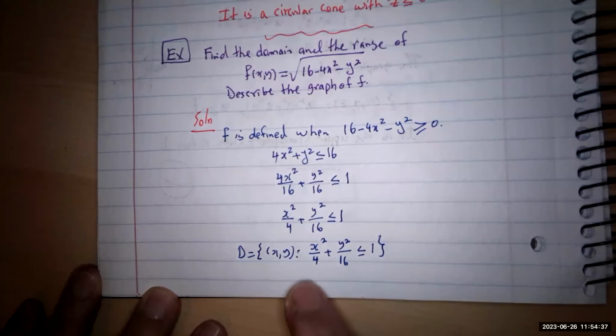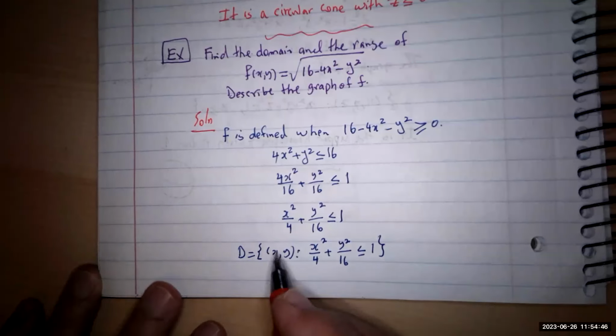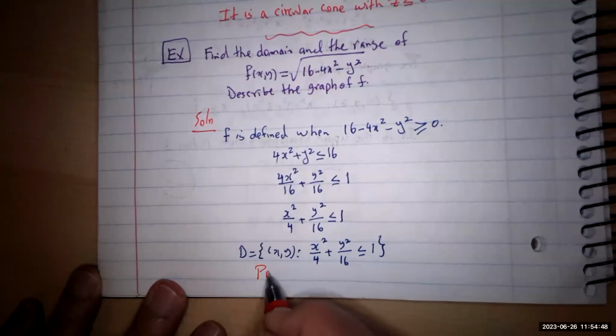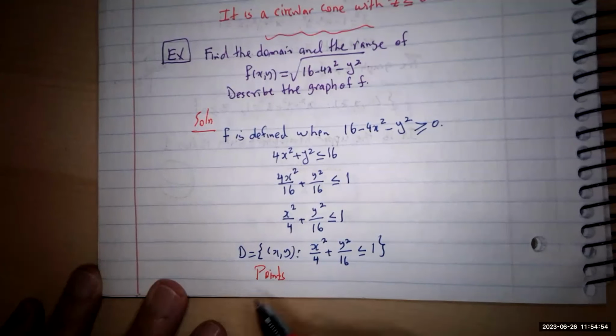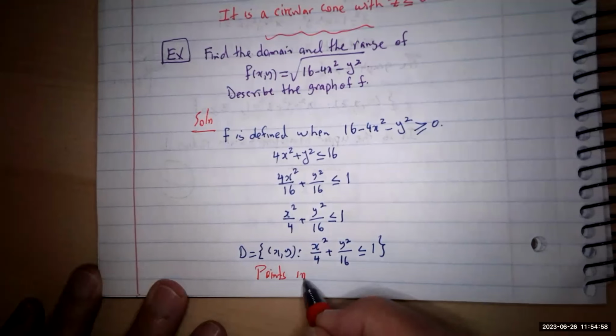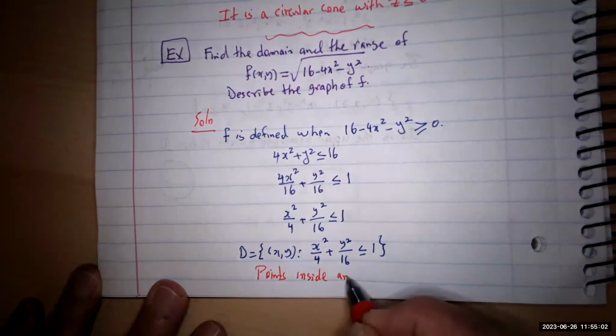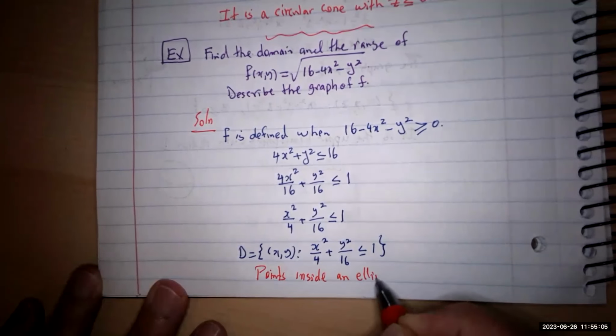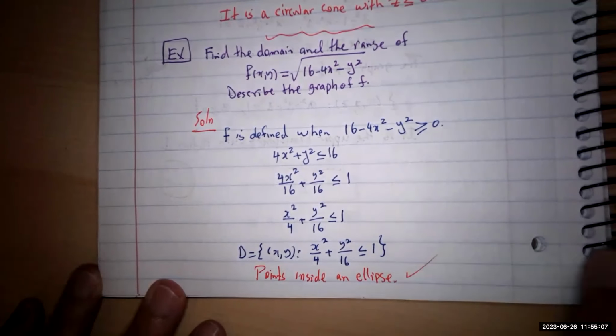You know that if they are going to be equal to each other, that would be a circle. In that case, it's going to be an ellipse. So these are just optional, but it's good to remind yourself, get to know this region for future. So it's going to be points inside an ellipse. So that is the domain so far.